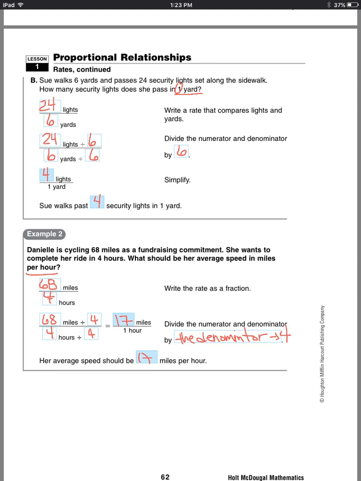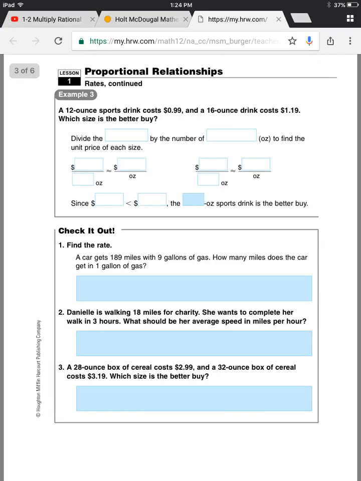Now we're going to look at what is a better buy. When you go to the store, you could be looking at 2 different sizes of something, and you could think that because one has a cheaper total price, it's the better deal.